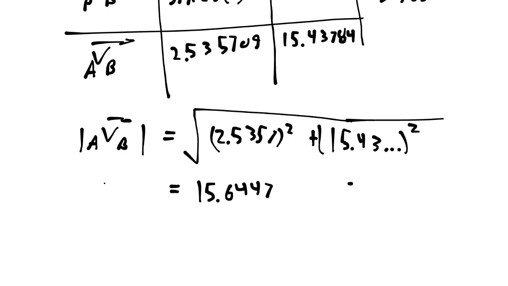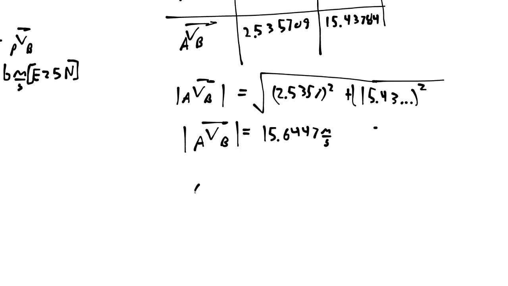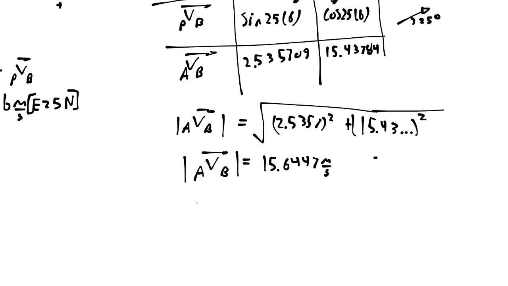Okay, so that is the speed. Meters a second, and then you can just use tan theta to find the direction.